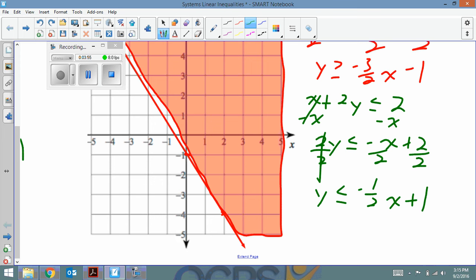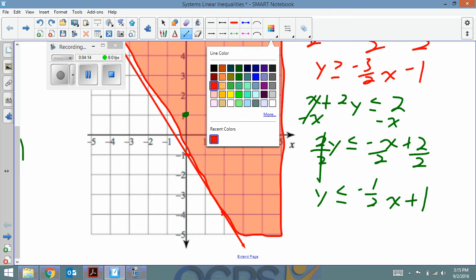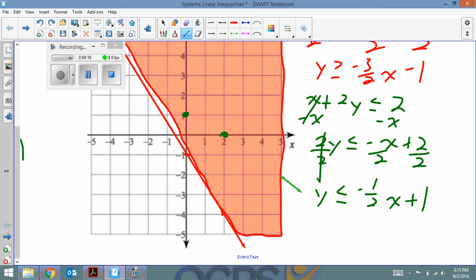So now we got to graph that line. Our y-intercept's at 1, which is there. We're going to go down 1, to the right 2, which is there. Again, because it's equal to, our line is going to be a solid line. So let me make that a green line.